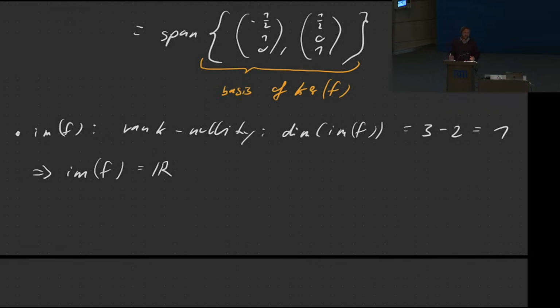It's a subset of R, it has the same dimension as R, so it must be equal to R. And that means a basis that I could possibly use is, for example, the number 1. Any real number can be expressed as a linear combination of 1, and 1 is linearly independent. Of course, any other number will do, with the exception of 0. That would not be linearly independent.